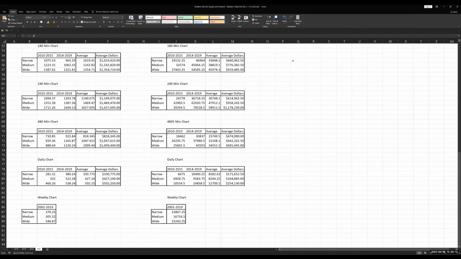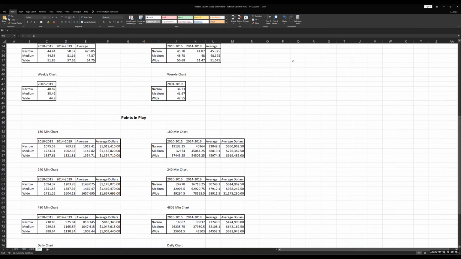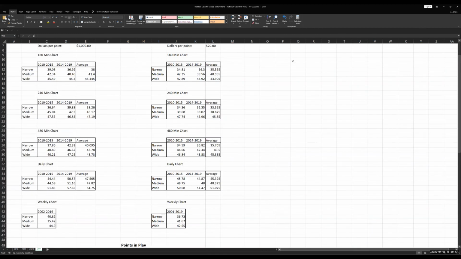So that gives you an idea of how the zones that are found perform, or more precisely, what they make possible. How much of that you can actually capture depends on your trading system and the trade-offs you're making within your trading system.